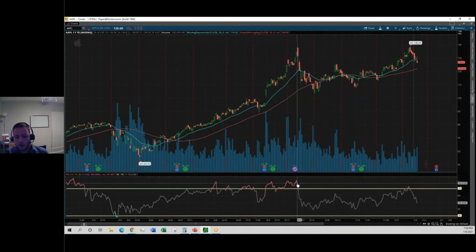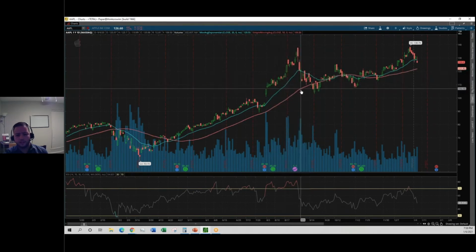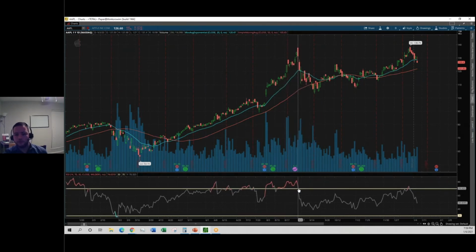But you want to put this study together with maybe a breach of the EMA and the simple moving average to then place a short position or puts, right?